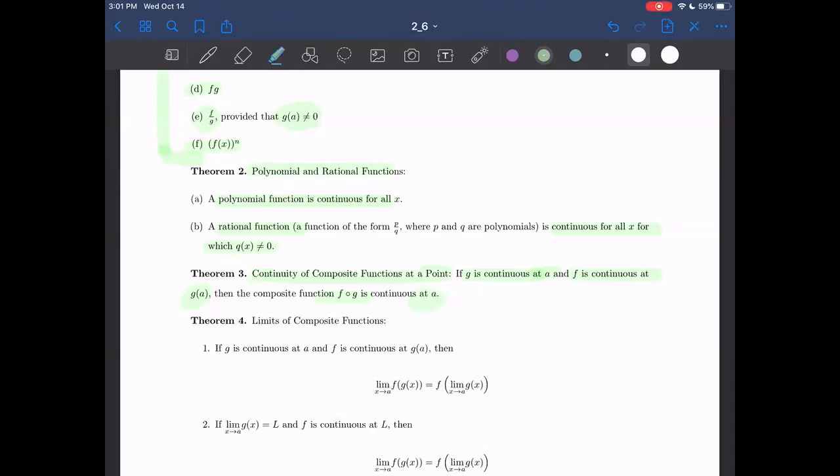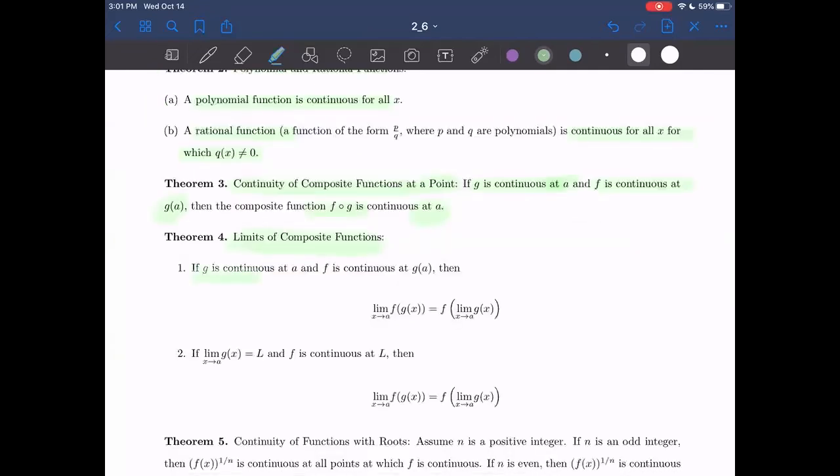The limits of composition of functions. If g is continuous at a and f is continuous at g of a, then we can pop the outside function, and the limit of the composition is equal to f of the limit of the inside function.